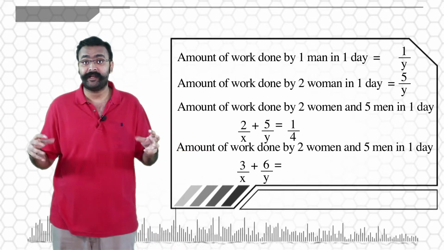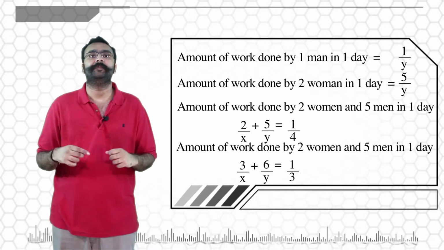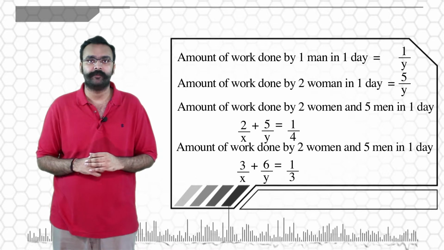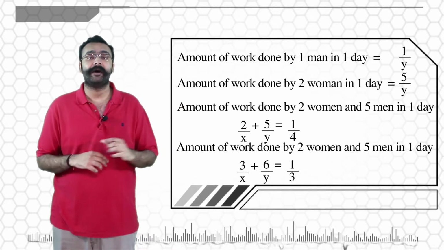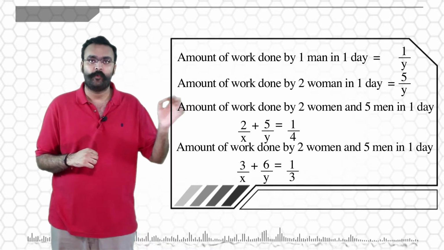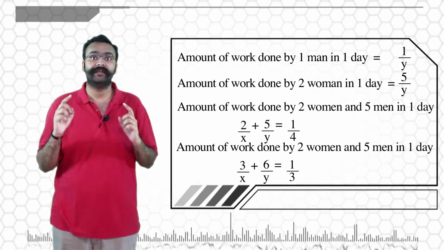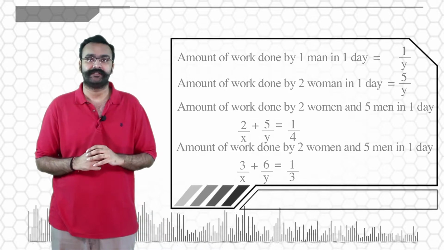They as a group take 3 days to finish the work. So one day's work would be equal to 1 by 3 of the total job. So 3 by x plus 6 by y is equal to 1 by 3. And this is how we get to our 2 equations.